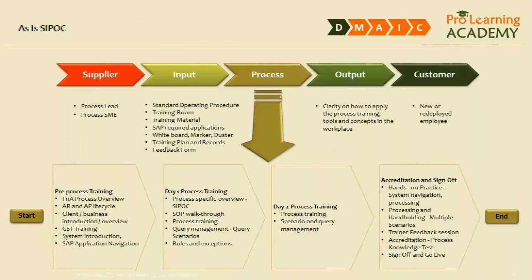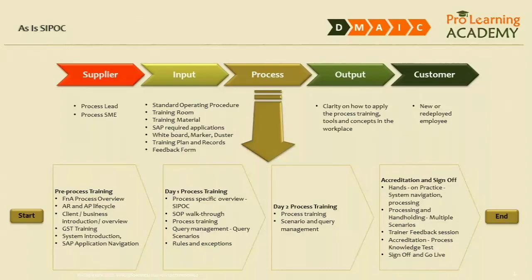Because for every transaction, you need some inputs which are critical that would give you the outcome as an output. So the inputs here are very important. They are critical to process, without which your process will not be completed.